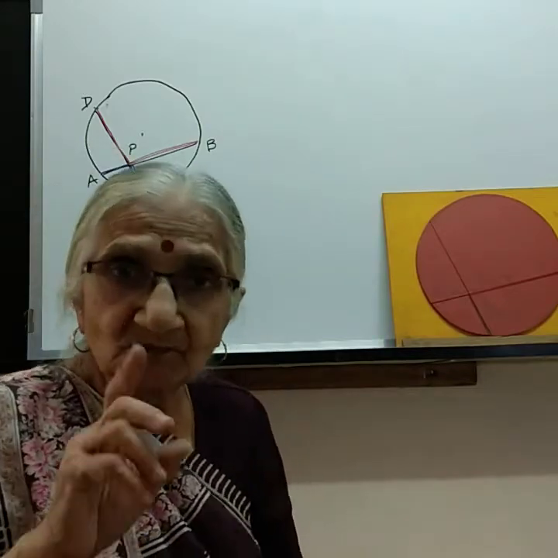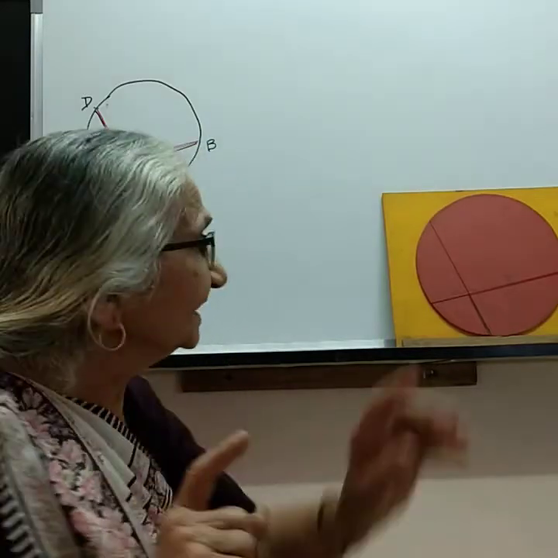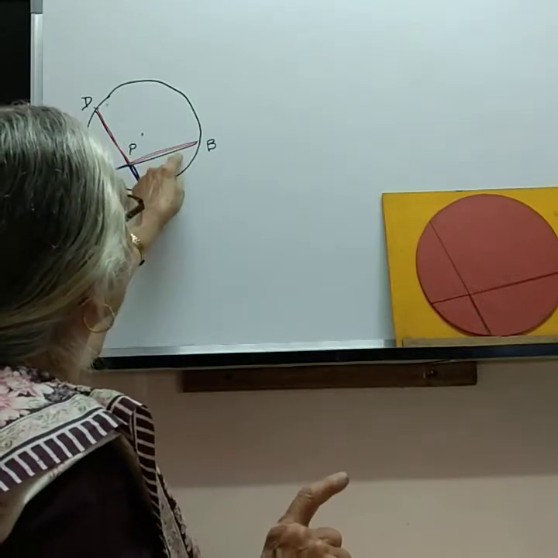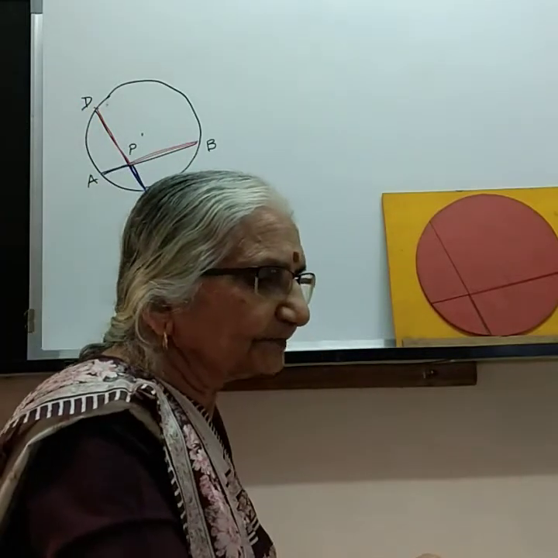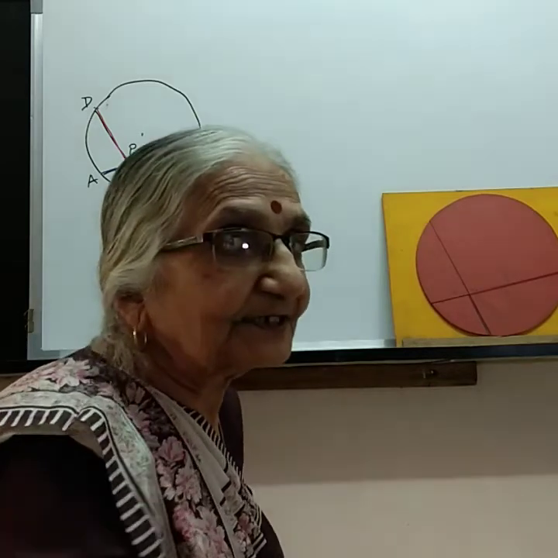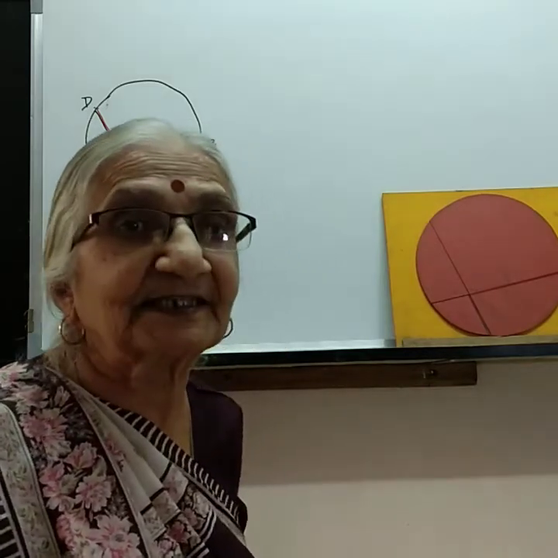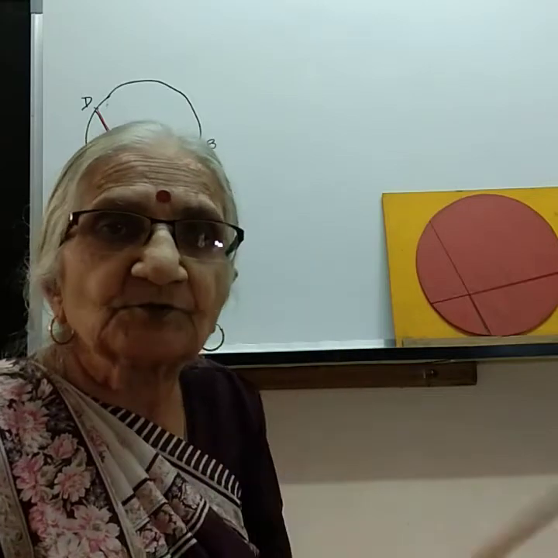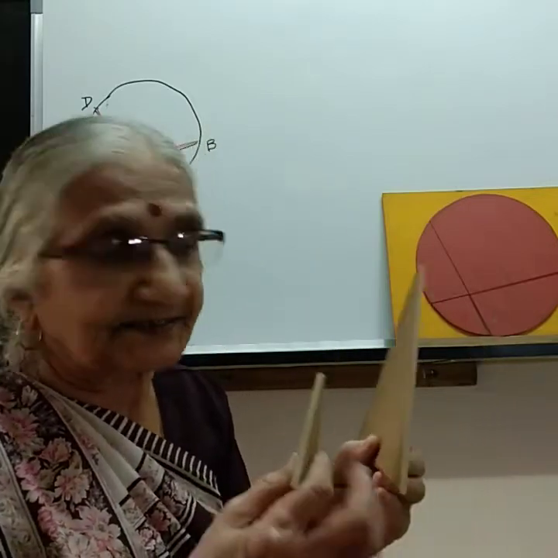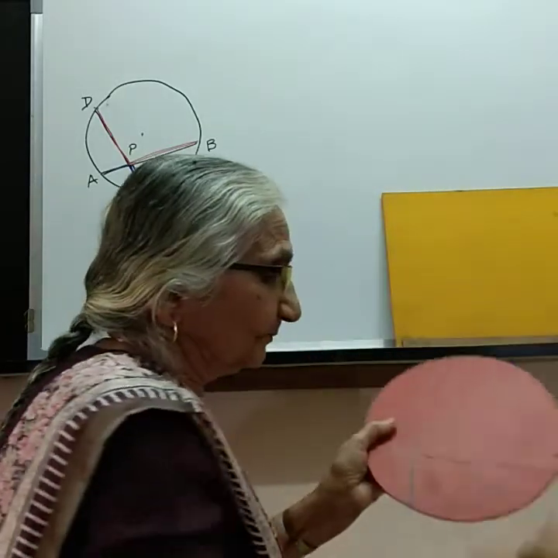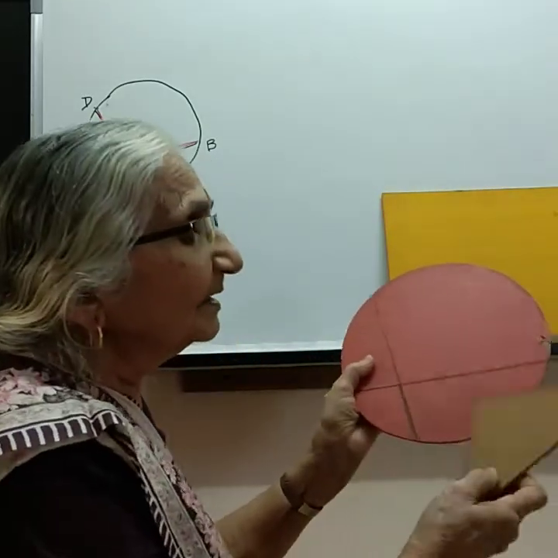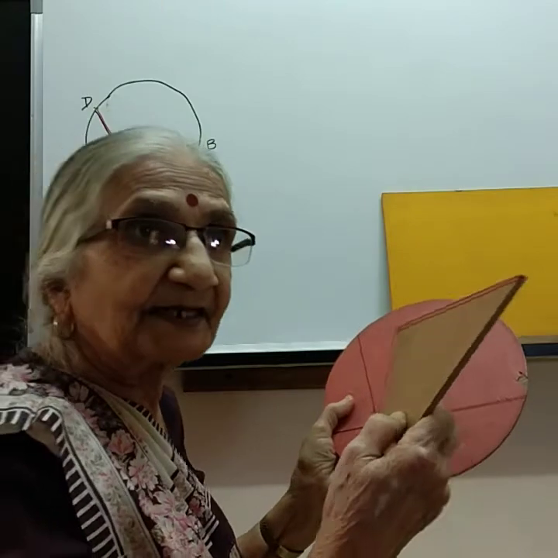Now, what we want to show is that AP into PB is equal to PC into PD. For that purpose, as soon as you see the model, you will realize that we have used this technique before. We prepared two small right triangles. This is one right triangle.